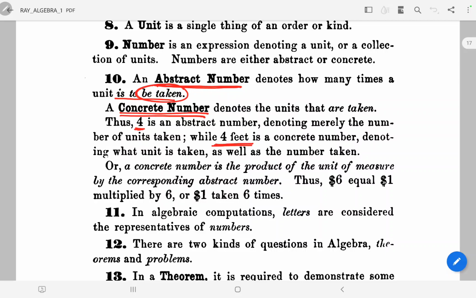How many? 4. That's an abstract number. How many what? 4 feet. That's a concrete number. So 2 kinds of number: abstract number, which is just the number by itself, and concrete number, which is a number and a unit of measure.